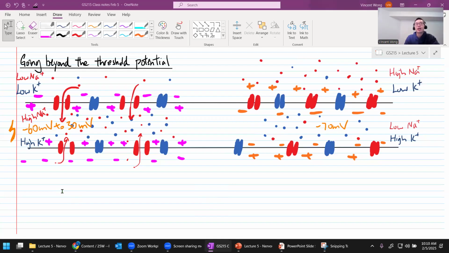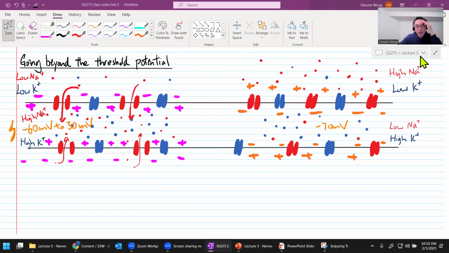Remember I said, just trust me for now, that when a trigger arrives, it's going to push it from negative 70 to negative 60. And once you cross the negative 60, it triggers all these events that are happening. In a moment, we're going to come back and explain how it goes from negative 70 to negative 60. We're going to get there very soon.